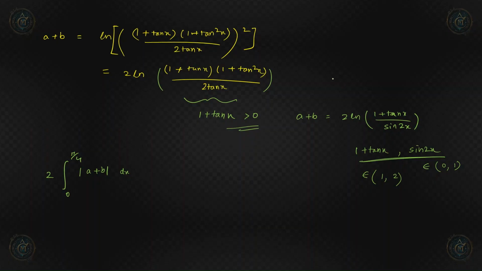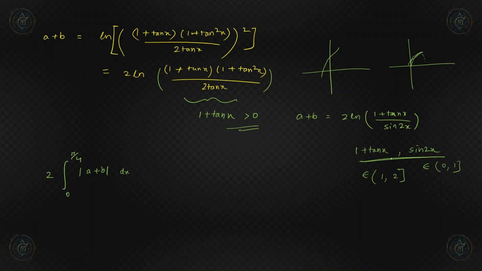The graph of 1 plus tan x looks something like this in 0 to pi by 4, and sine 2x looks something like this. These functions are increasing, so closed at 2 and closed at 1, open 0 to close pi by 4.